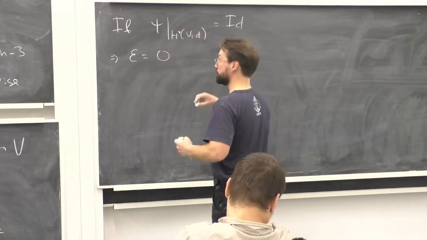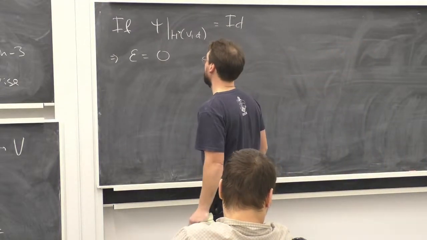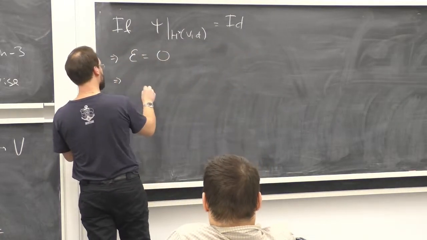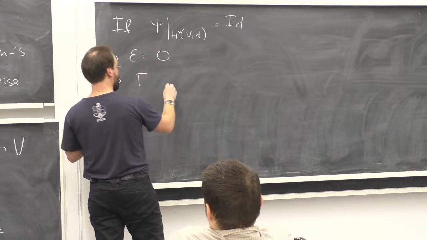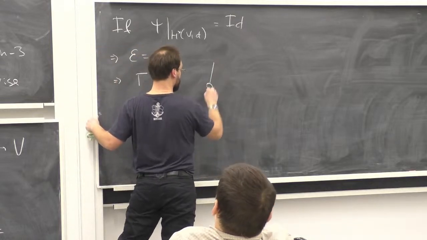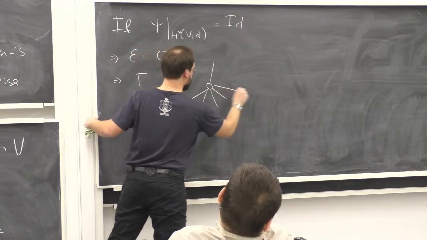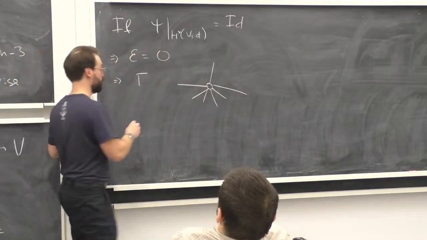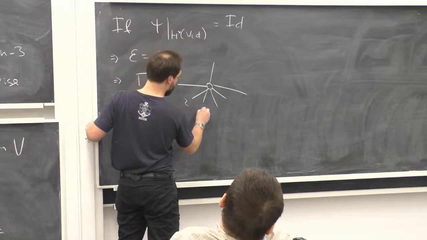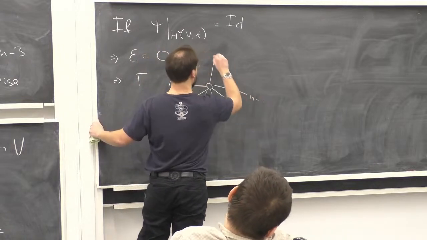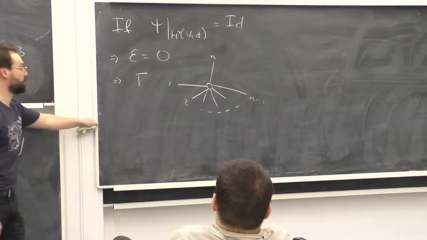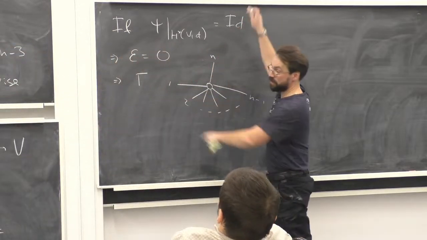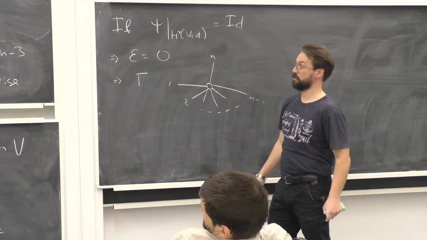And as it is 0, we only have the one-vertex graphs to which we can associate n-1 input and output. But the point is that we should anyway consider that operation.